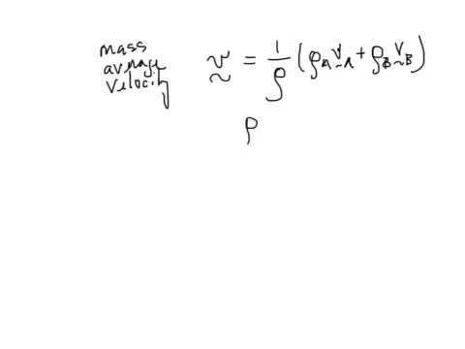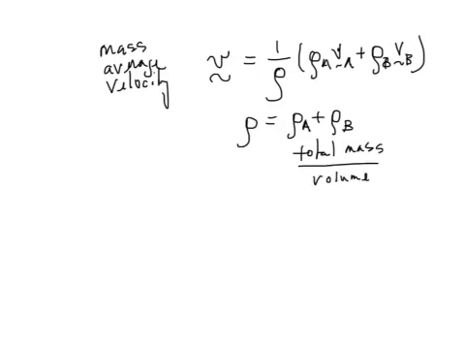And rho here is the total mass density of the mixture, which is defined as rho A plus rho B. So that's the total mass over volume. And that's the mass density that we're used to seeing in multi-component thermodynamics. And rho A and rho B are simply the mass concentration of A and mass concentration of B in the system. So this is then the definition of the mass average velocity of a mixture.